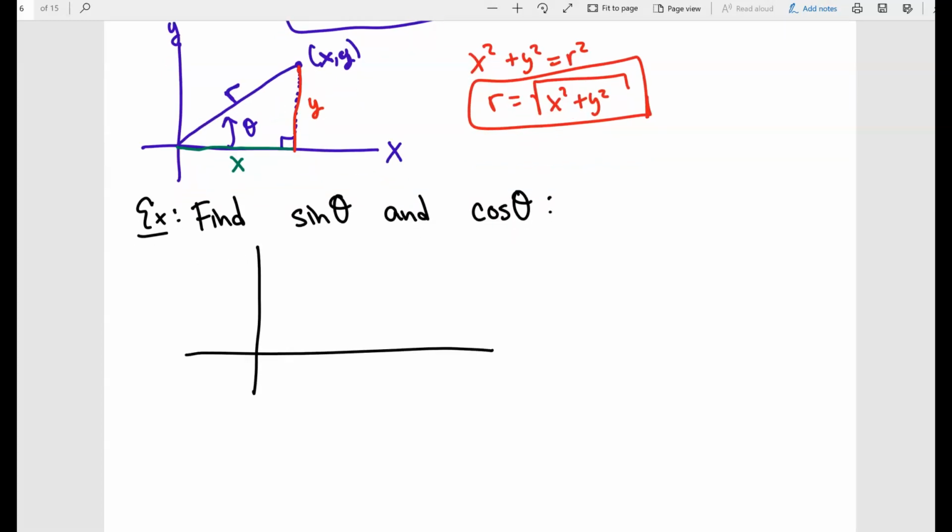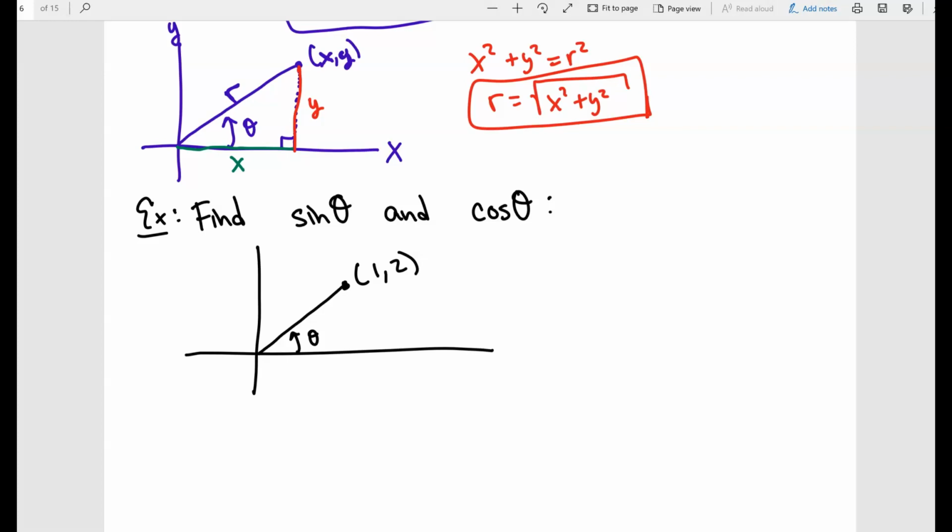So I have this thing, and let's just say this is theta, and let's say this point is 1 comma 2. Okay, so this is a point 1 comma 2. So we want to find the sine theta and we also want to find the cosine of theta.